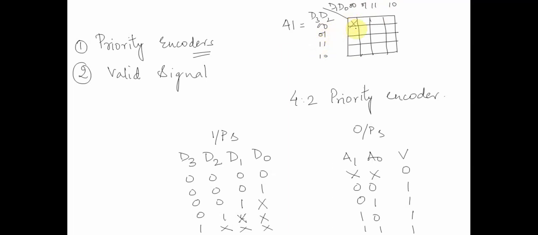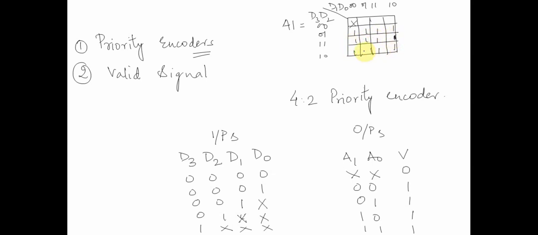And then a 1 comes only for cases where the number is 4 and above. So 0, 1, 2, 3 are 0, and for 4 and above, 4 5 6 7 8 9 10 11 12 13 14 15, everything is 1.